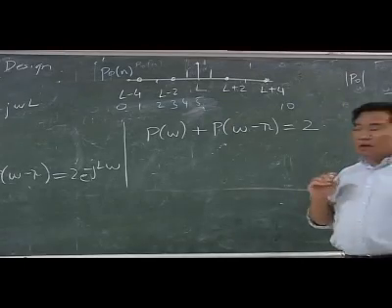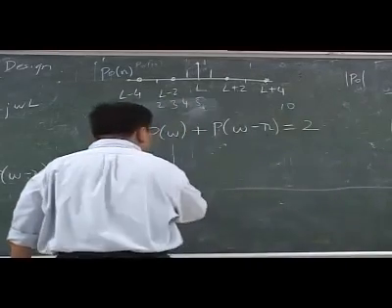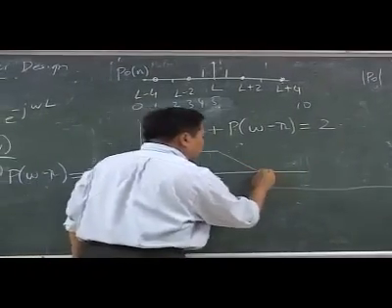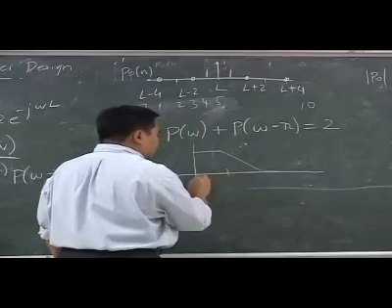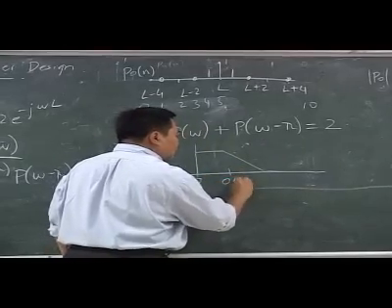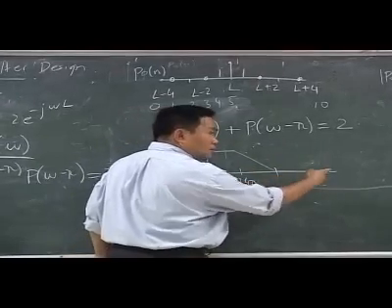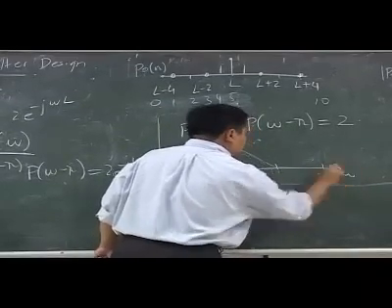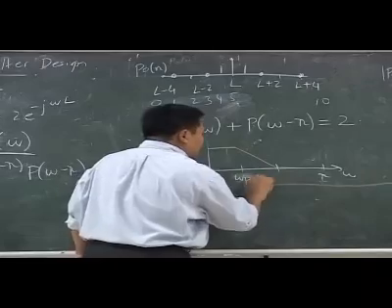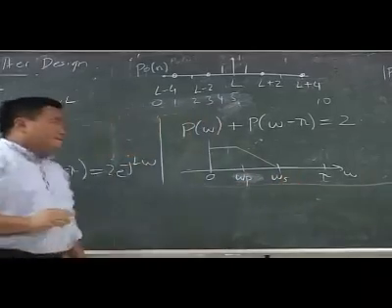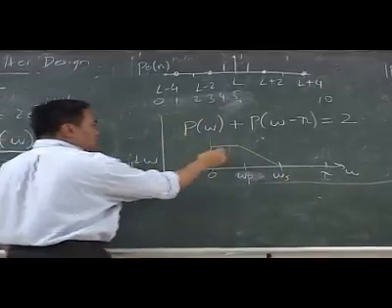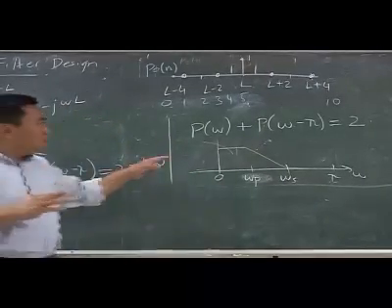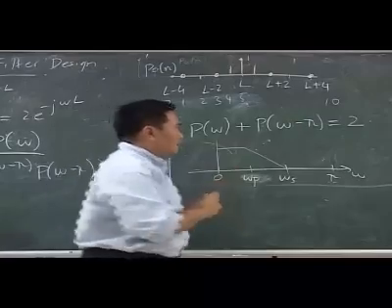So let's think about this. Let's say P of omega is something like this. This is 0 to 0.4 pi. This is some arbitrary thing. This is pi. So we have P, and we have H. This is P of omega. How do I plot P of omega minus pi?